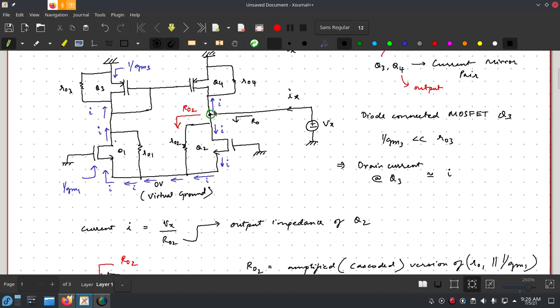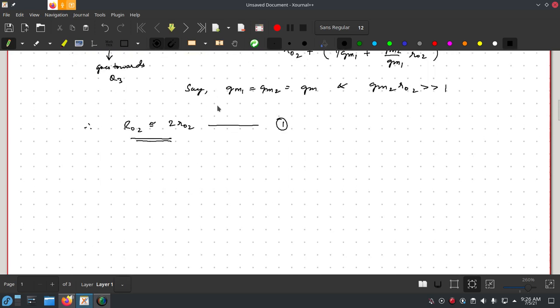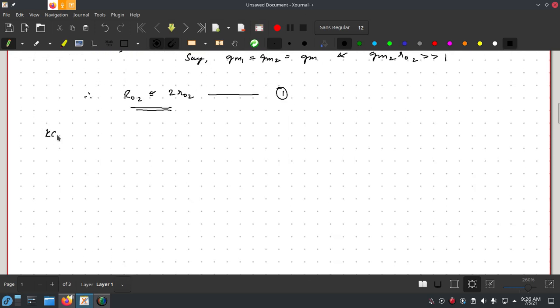Now let us look at this green color point here. Apply KCL at this green color node. Then what will I get? I will get Ix plus Ix is equal to I plus I plus Vx by r04.